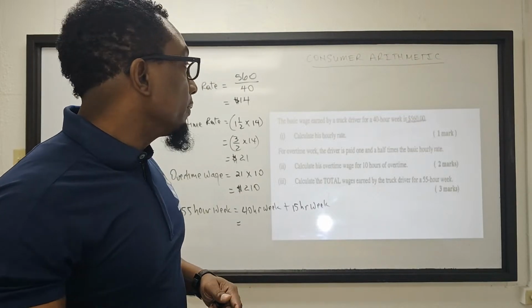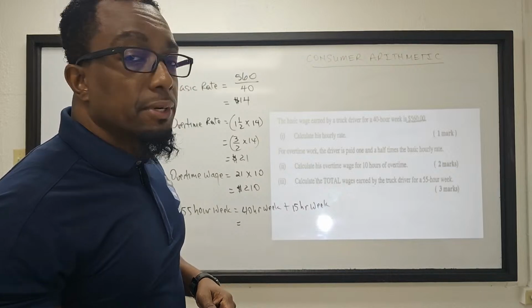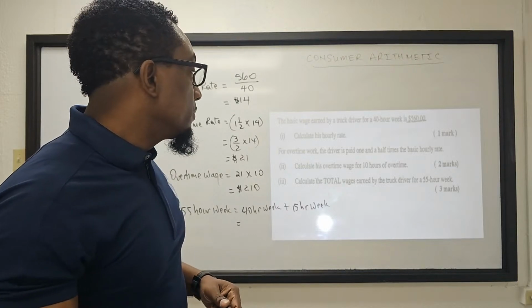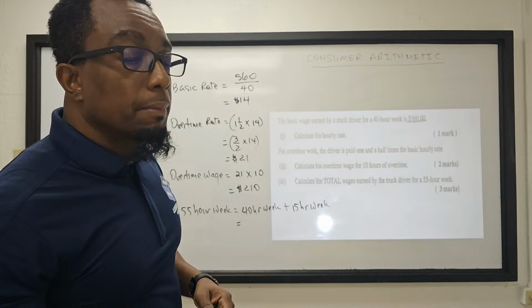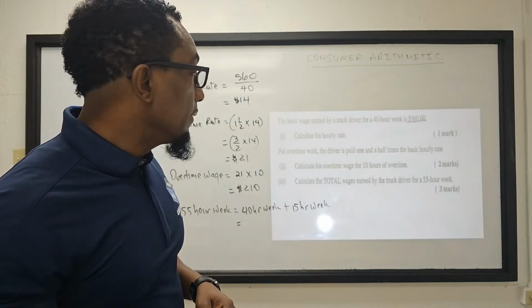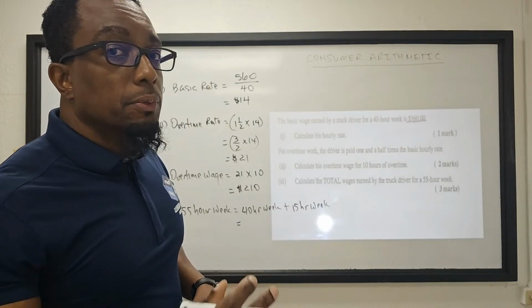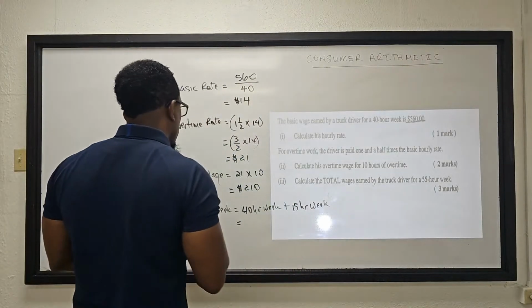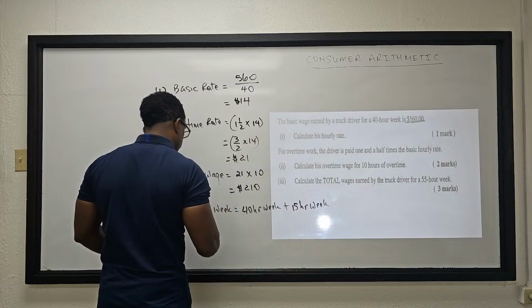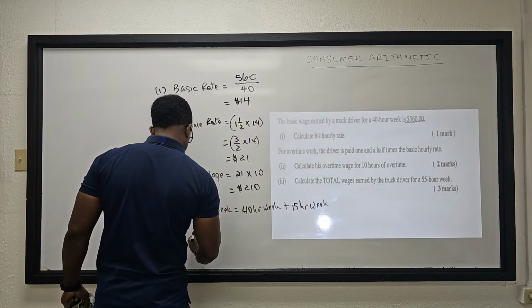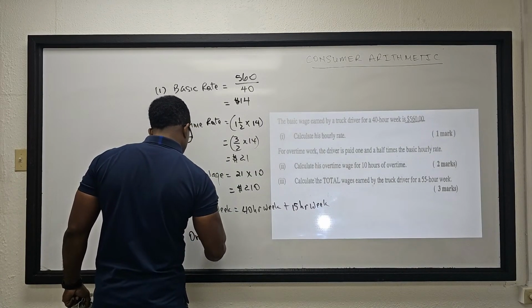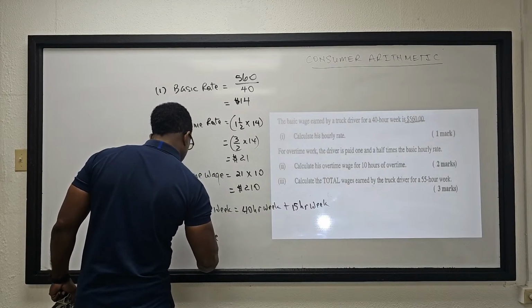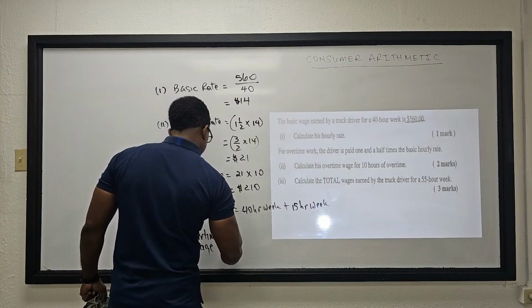So we already know for the 40-hour week he will get $560. So we need to determine how much he's going to obtain or receive for working 15 hours, which will be considered overtime. So let's work that out. It's overtime wage, this is for the 15 hours.